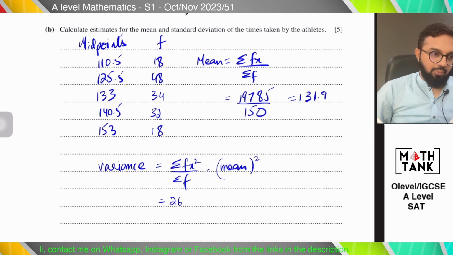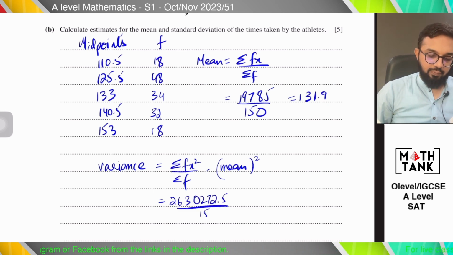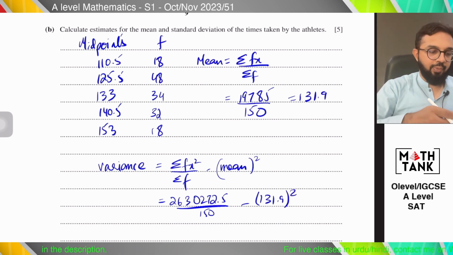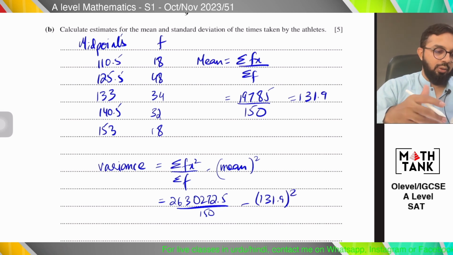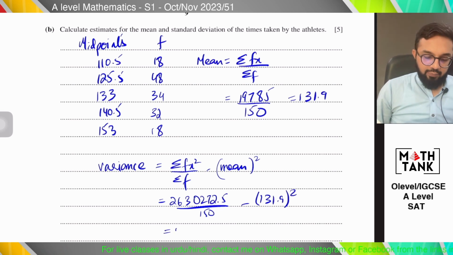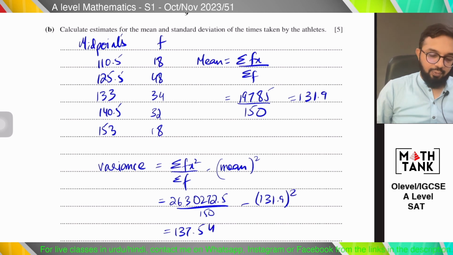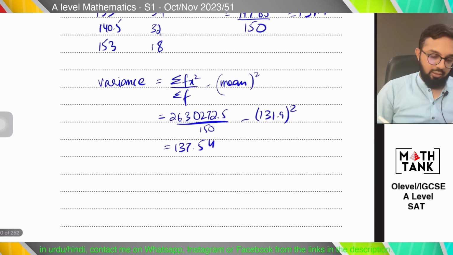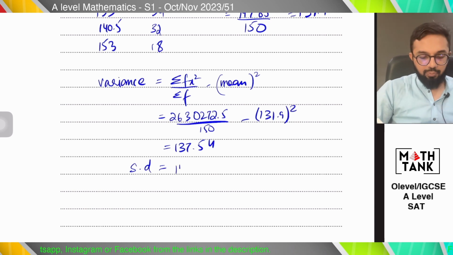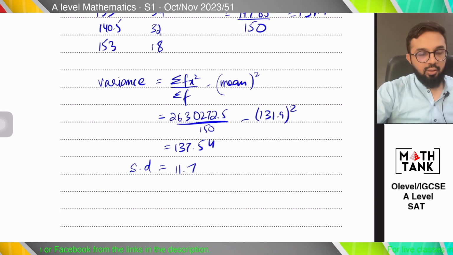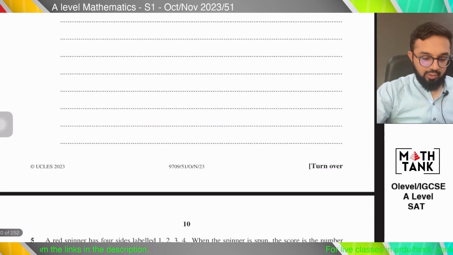It's a bigger number: 2630272.5 over 150 minus 131.9 squared gives 137.54. Take the root of that to get the standard deviation, and that should be 11.7. Okay, moving on to the next one.